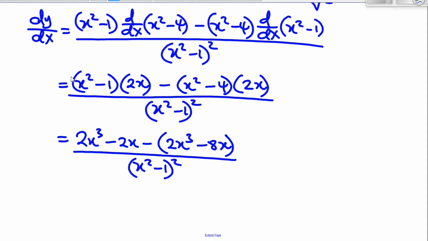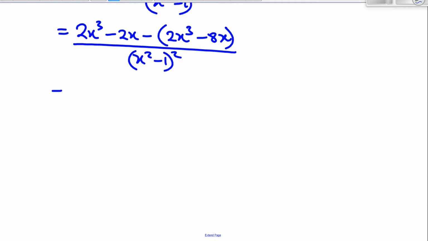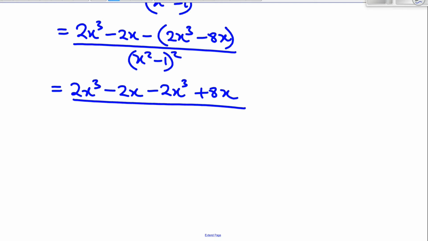Okay, what I'll end up with is 2x cubed minus 2x cubed plus 8x because of the negative. Remember, this negative is somewhere around here, so you have to be careful with it.